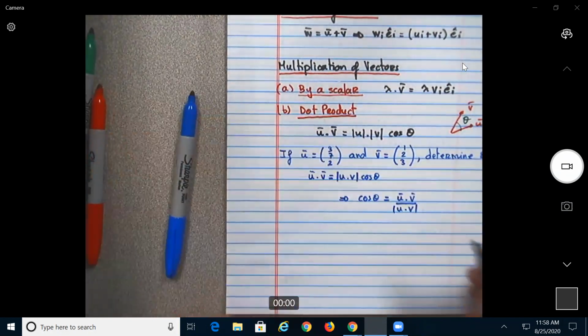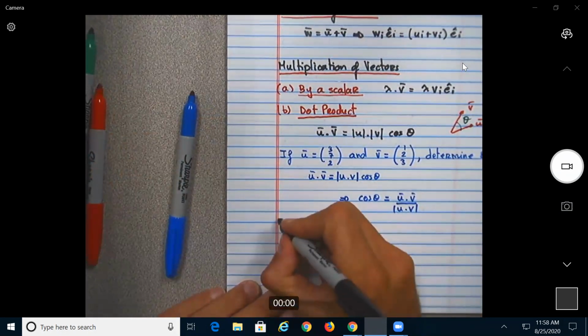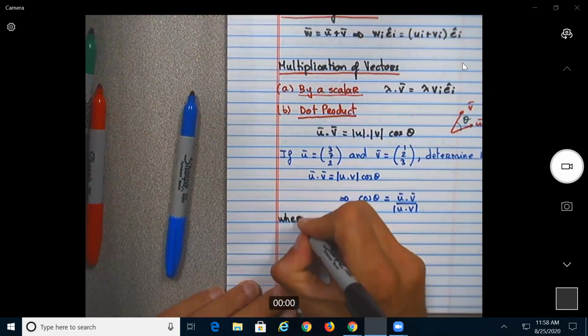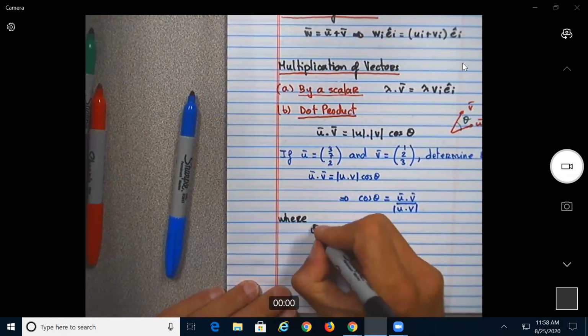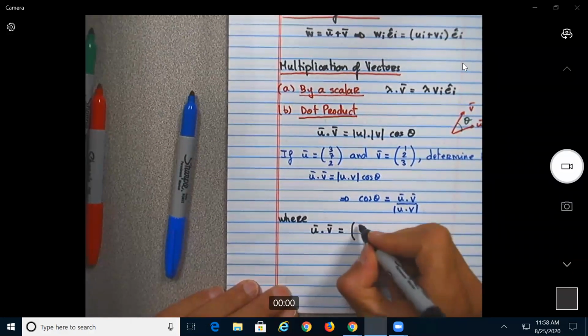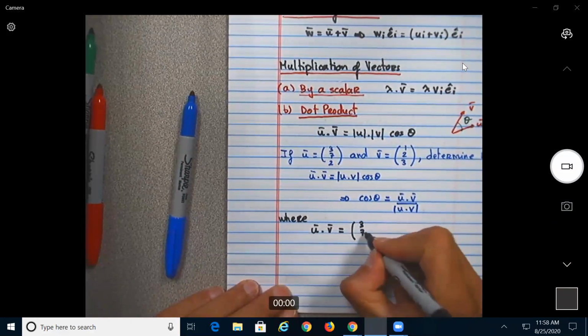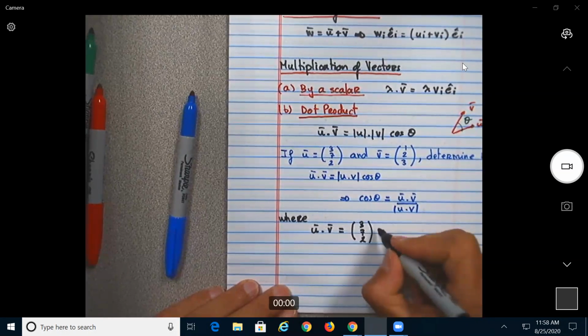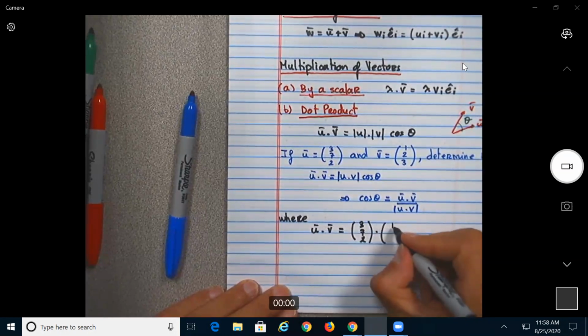So what would be U dot V? You know how to do this: (3, 7, 2) dot (1, 2, 3).